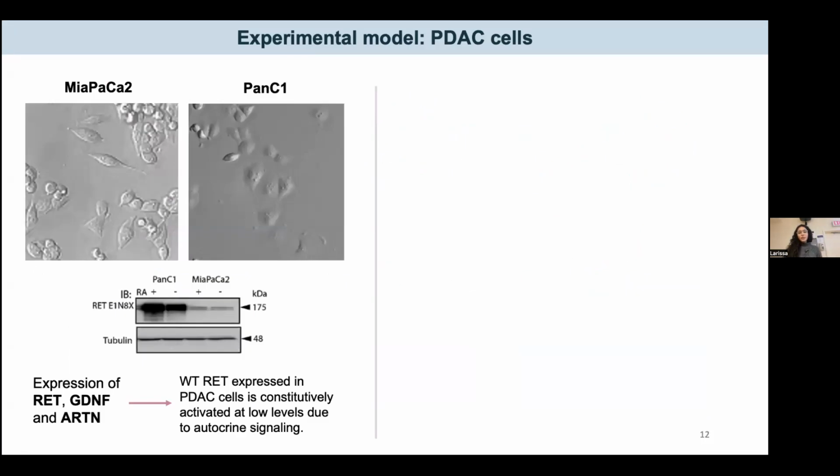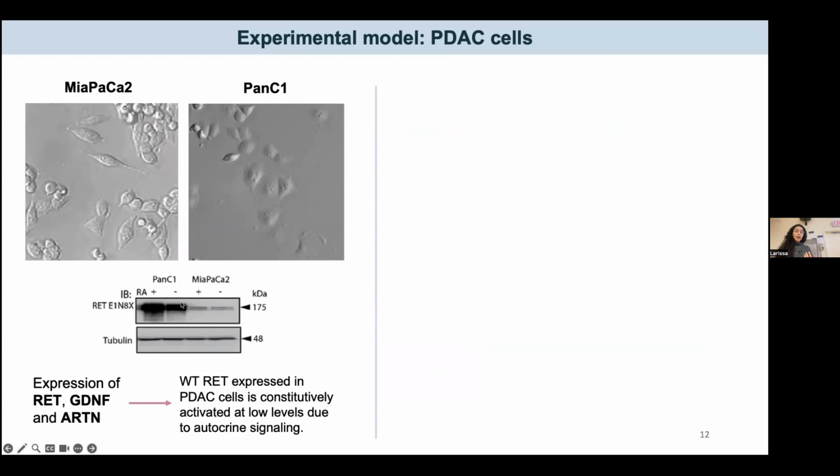First, I'd like to define the experimental model that will be used in this study. The initial component will consist of PDAC cell lines, specifically MiaPaCa-2 and PANC1. I'd like to emphasize some things that influenced our choice of those two cell lines. Both cell lines express the RET receptor, as we can see here.